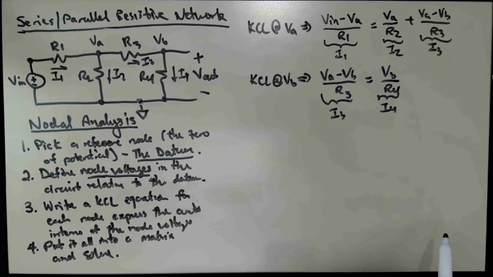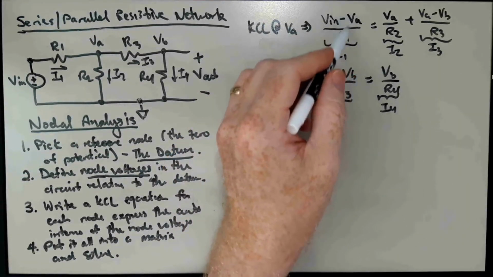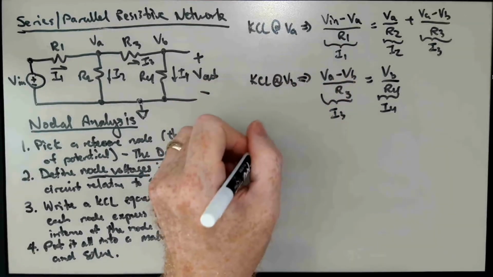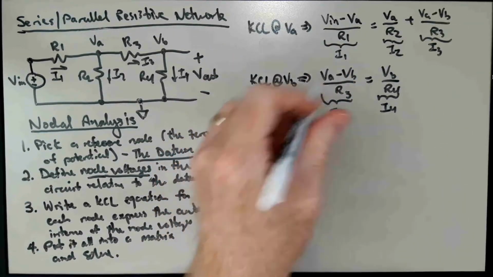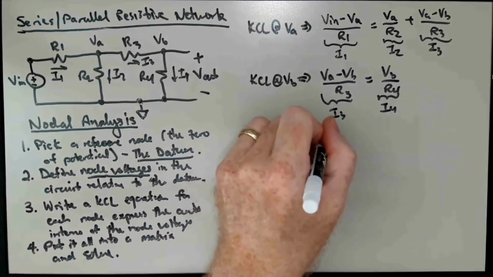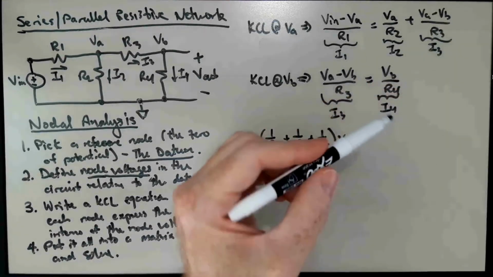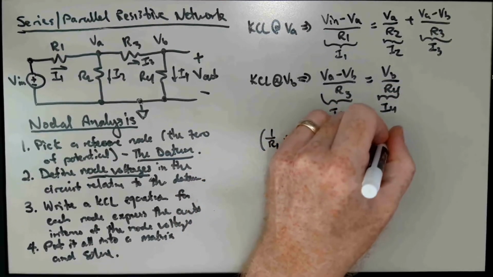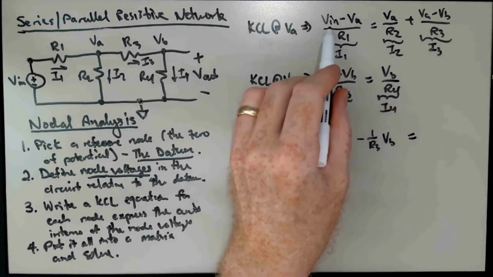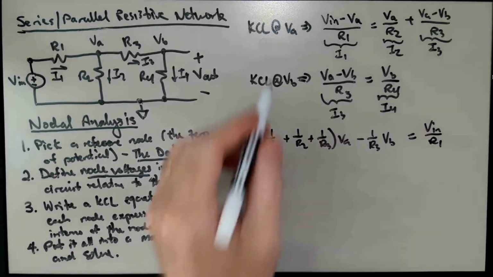So if we transpose all of these things and collect everything up, for the first equation we've got a 1 over R1 times Va, plus a 1 over R2 and a 1 over R3, and then we have a minus 1 over R3 times Vb, and that's going to be equal to Vn over R1.